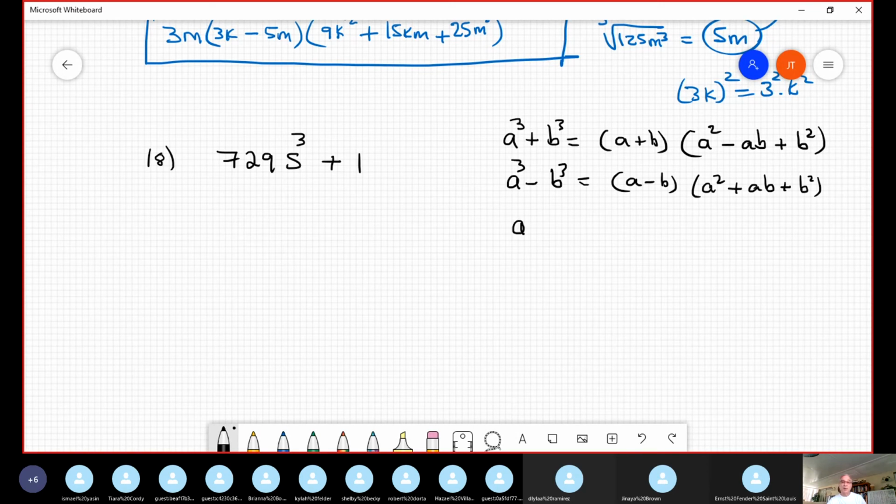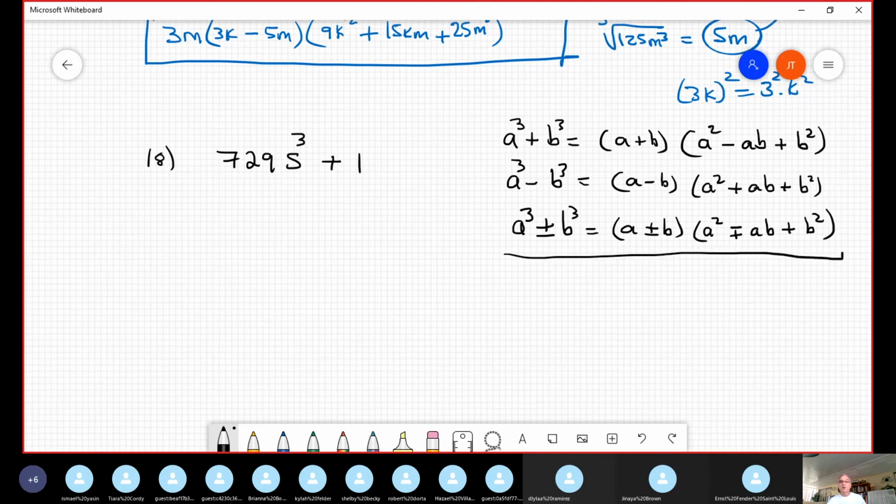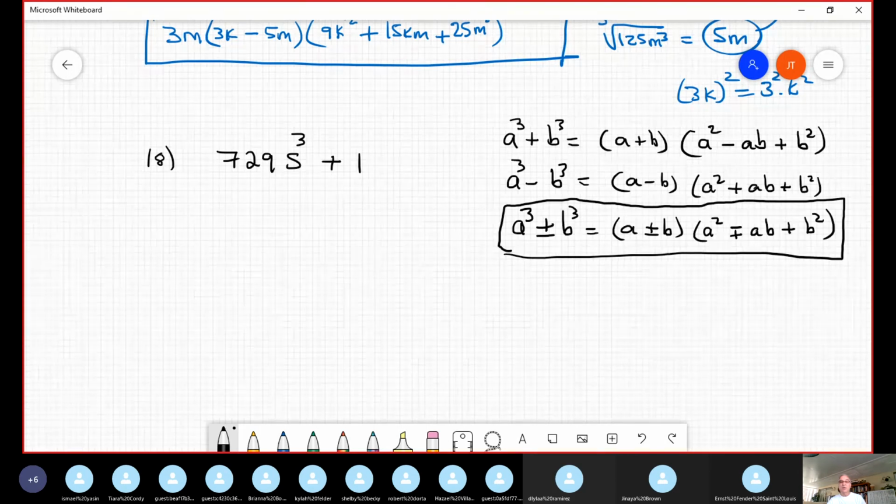Some people prefer to memorize only one formula using this notation: double plus or minus, so it's a plus or minus b. It's exactly the same. This is a squared, and in this case it's minus plus, it's opposite: ab plus b squared. Do you like this mnemonic device or no? Or is it too complicated for you? You memorize one piece, one package, and here you memorize two, no?